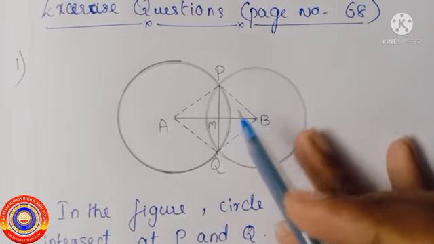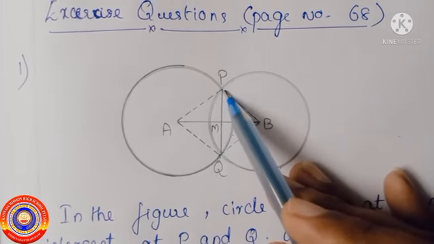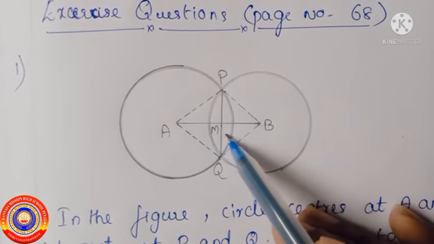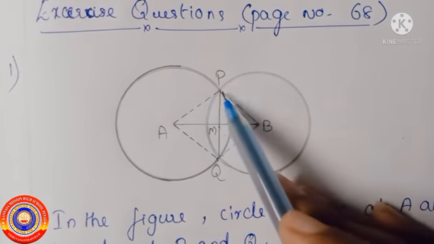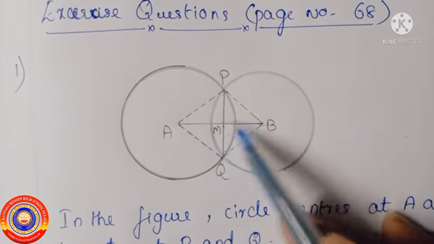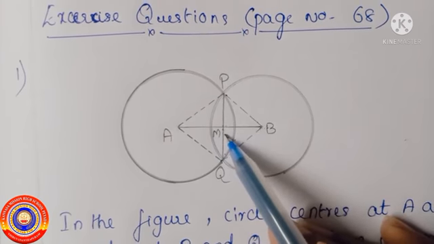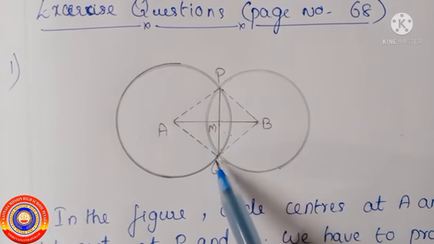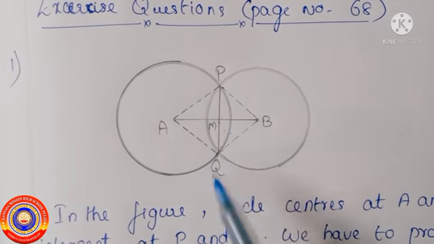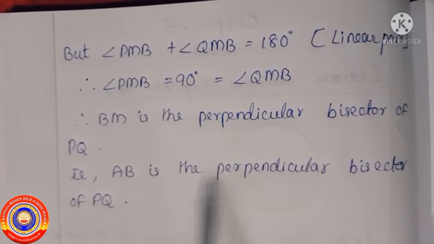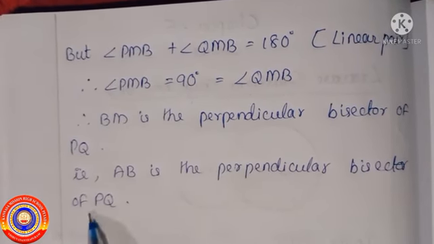But angle PMB plus angle QMB is equal to 180 degrees, since these two angles form a linear pair. Therefore, angle PMB is equal to 90 degrees, which is equal to angle QMB. Therefore, BM is the perpendicular bisector of PQ. That is, AB is the perpendicular bisector of PQ. Now we have proved that AB is the perpendicular bisector of PQ.